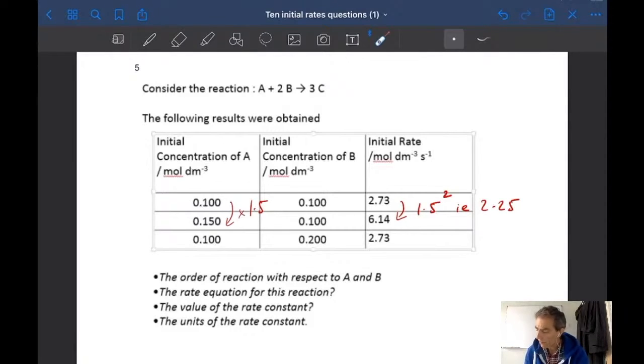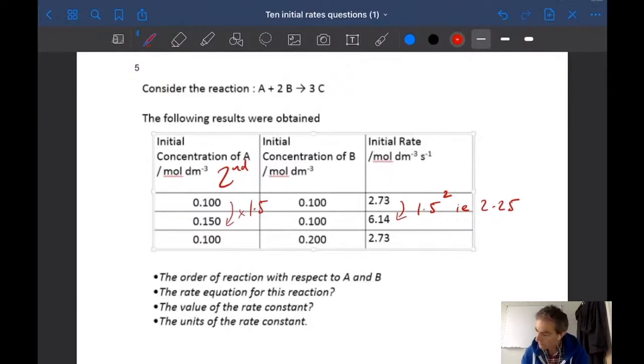It could go up 1.5 to the power 1 times, in other words by a factor of 1.5, but it's done more than that. So it's got to be the 1.5 squared option. So when you divide that by that, you actually get 2.25, which is 1.5 squared. Okay, so that's telling us that A is second order.